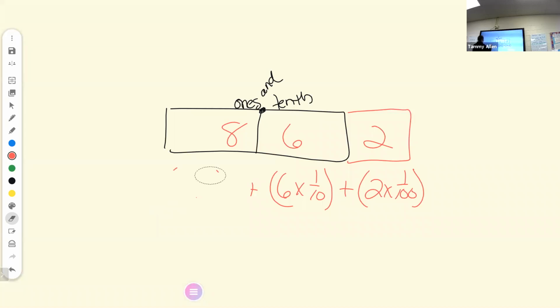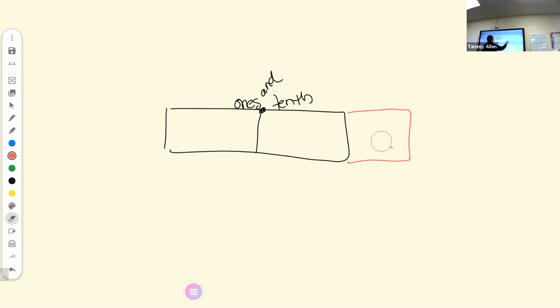Let's do 4 and 7 hundredths. I'm seeing some 4 and 70 hundredths, so make sure yours says 4 and 7 hundredths.